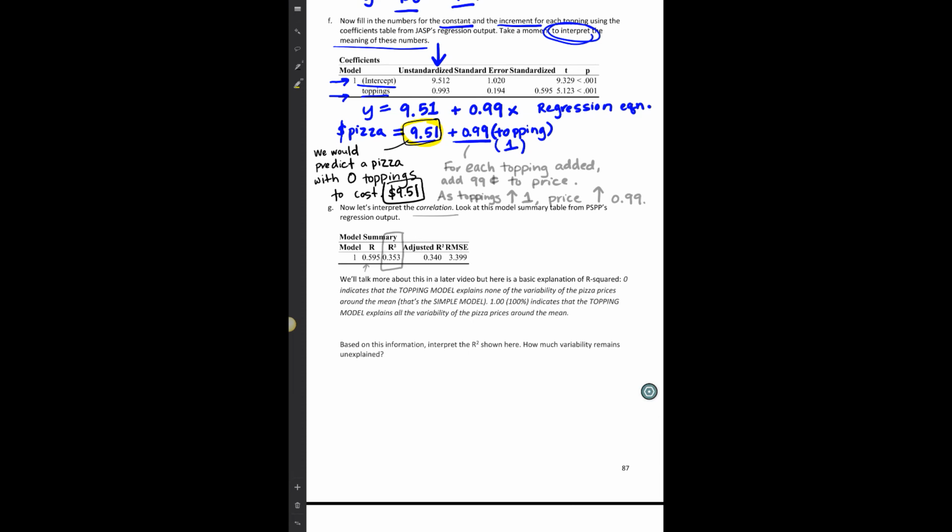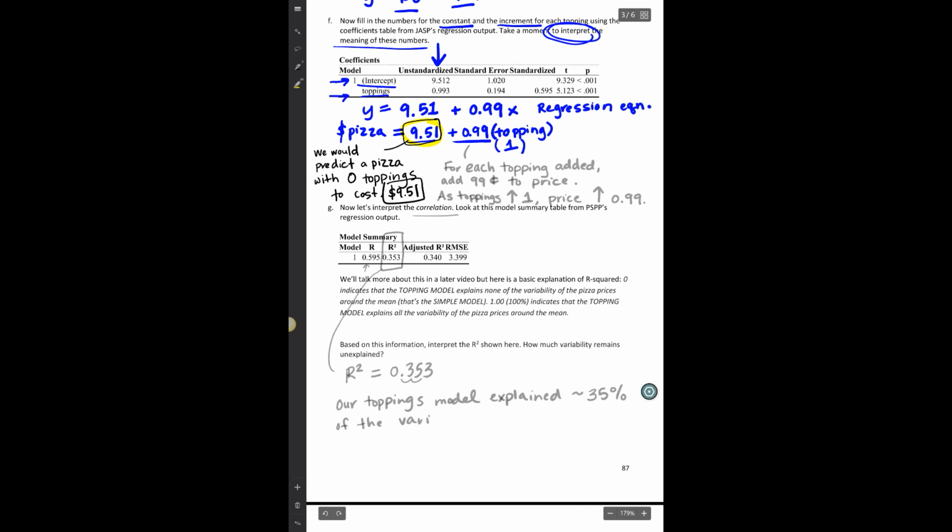If our R squared is equal to 0.353, this means that our toppings model, and I'm going to convert into percentages here by going 2 decimal places to the right, so this R squared of 0.353 means that our toppings model explained about 35% of the variability in pizza prices.